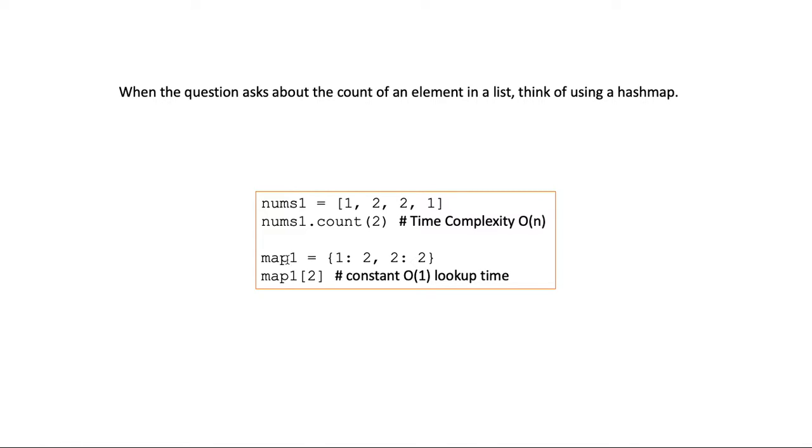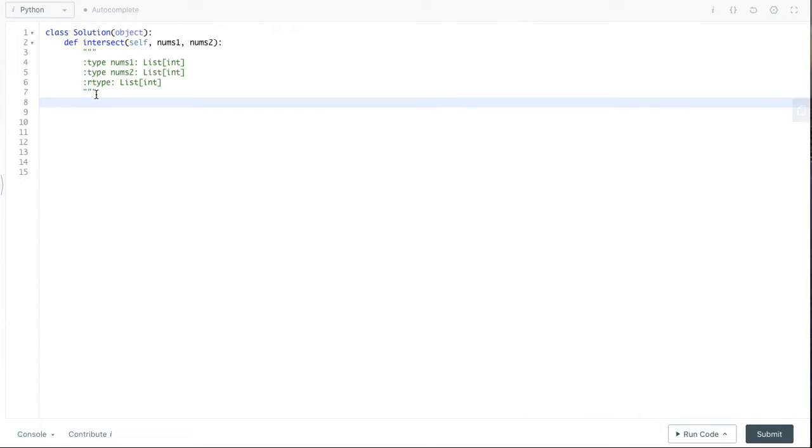In contrast, if you use a dictionary, then you can simply look up the key for element 2, and then you see the value to be 2, and it has a constant O(1) lookup time. Okay, now let's write the code.